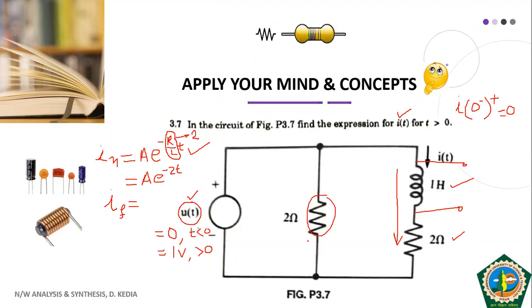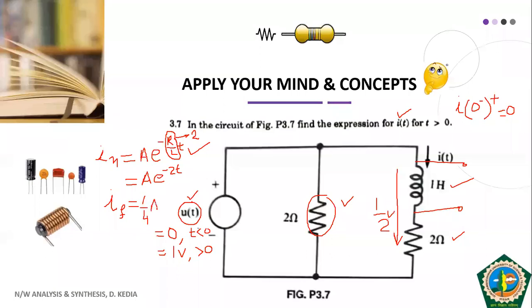So we see that these 2 ohm and 2 ohm resistances are in parallel, and this is 1 volt. So obviously we will have 1 by 2 volt across this branch. How much current will be there? I is equal to V upon R. So the forced current through this branch will be 1 by 4 ampere.